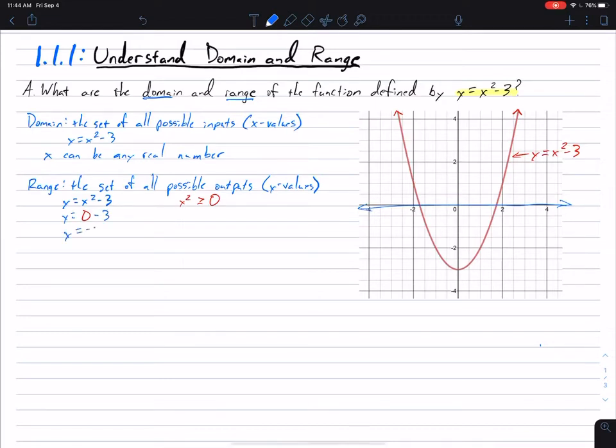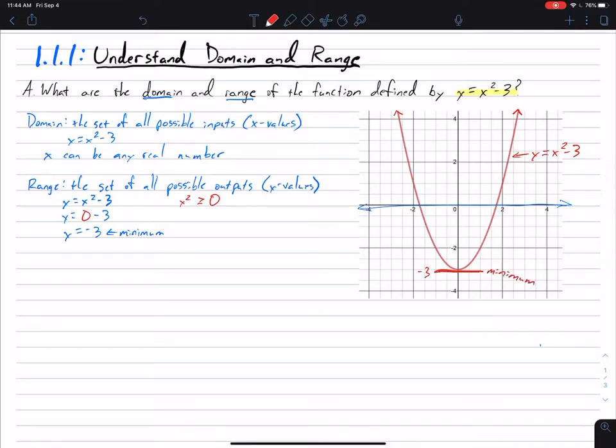So y would be equal to negative 3 in this case. Again, this is the minimum value for my y value. If I look at the graph, that makes sense. My graph goes down to negative 3, which is my minimum.